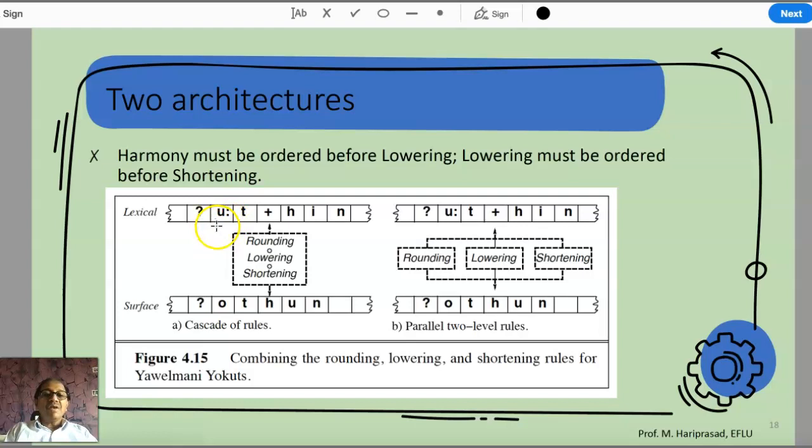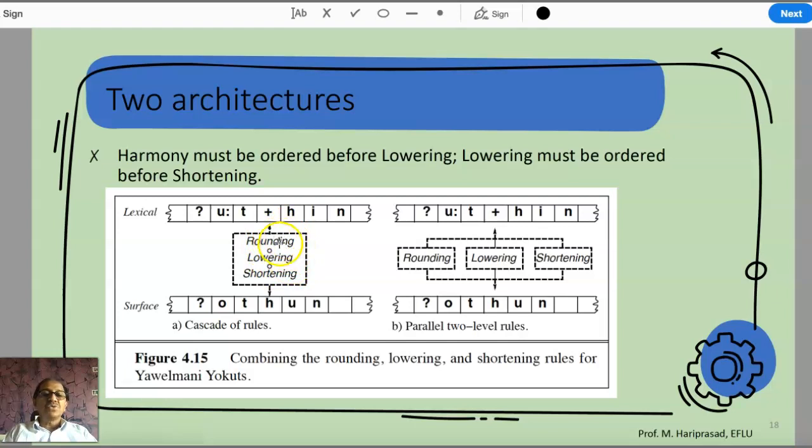So you have a long vowel and you have a short vowel. That long vowel gets influenced by the suffix. If the suffix has a short vowel, that long vowel should become short. So the long O becomes short O. So you can see ot, hun. So the rules should apply in this fashion: rounding, lowering, and shortening. You cannot reverse the order.